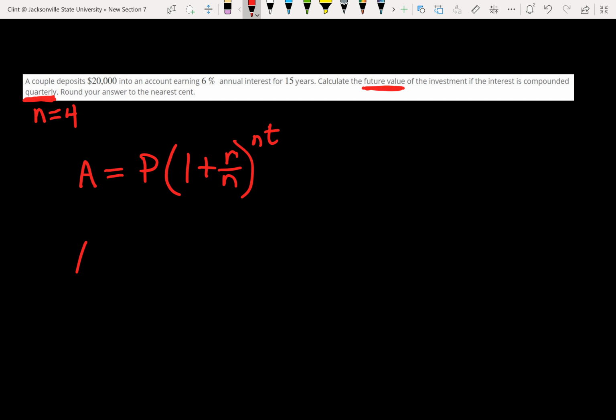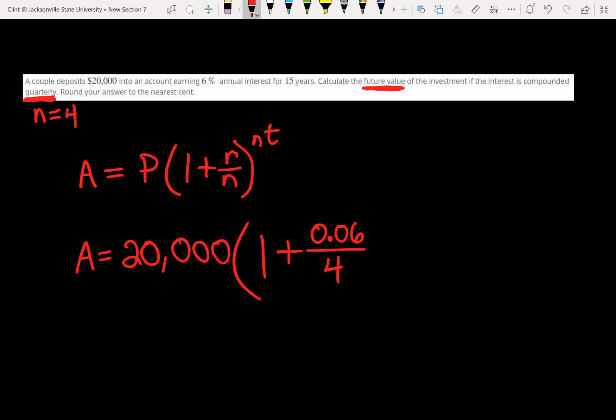So to figure out our future value, we take our principal, our starting amount, which is $20,000, times 1 plus our interest rate, which is 6%, so we change that to a decimal, 0.06, divided by 4 because it's compounded quarterly, and then we'll raise that to the 4 times how many years? 15 years.